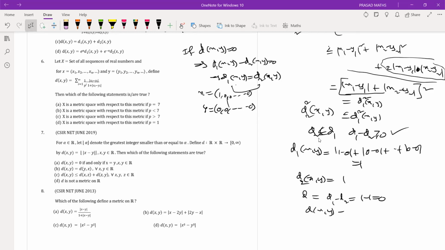So d of x comma y is 0, but x is not equal to y, because the first component of x is 1, whereas the first component of y is 0. So the first places of x and y are different. Therefore x not equal to y, so the second condition failed. Therefore it is not a metric. Is it clear the idea now?